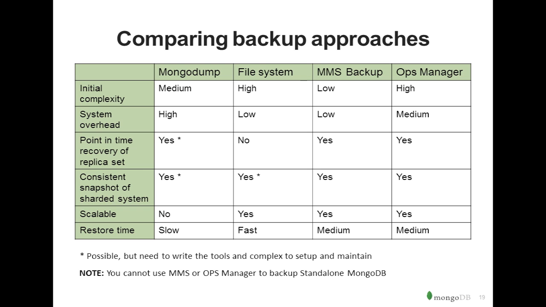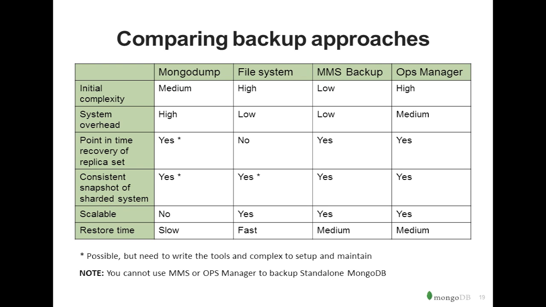Now, I'll talk through how it works in a bit, but before that, let's do a quick comparison of these various approaches, right? So mongodump can be a little difficult to set up in terms of getting a consistent backup, or figuring out how to use it with sharded clusters and be consistent, and where to place files. I mean, for small deployments, it's easy enough.